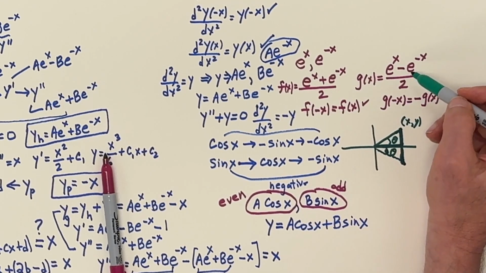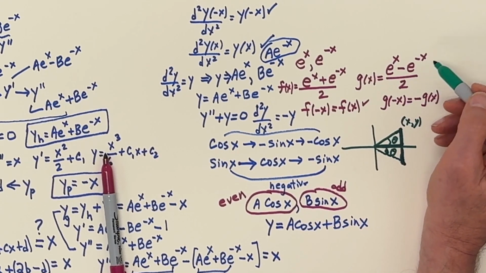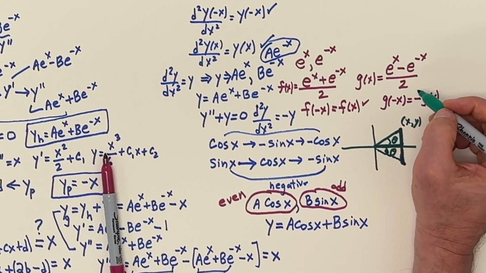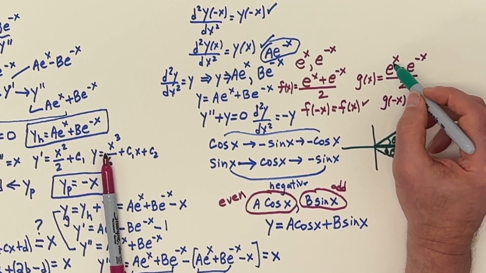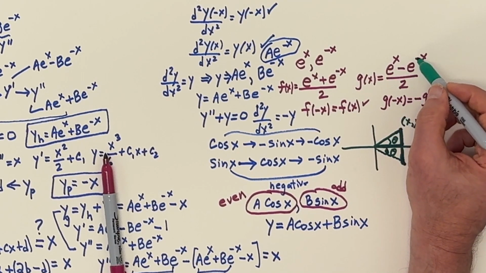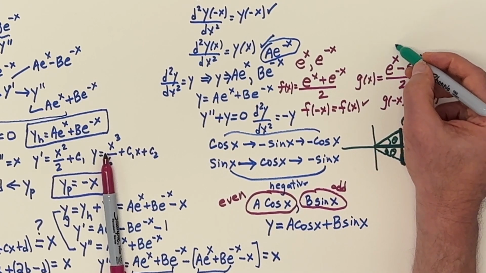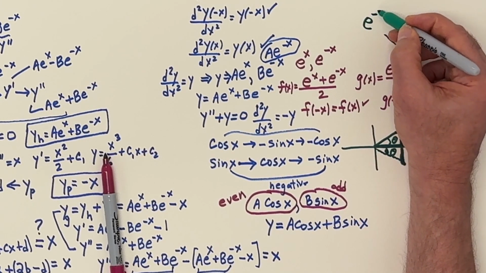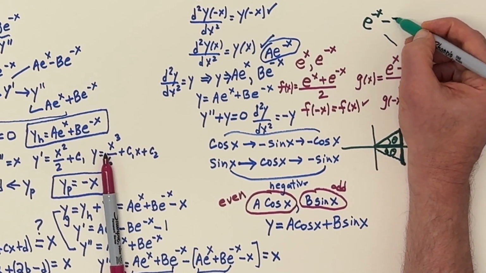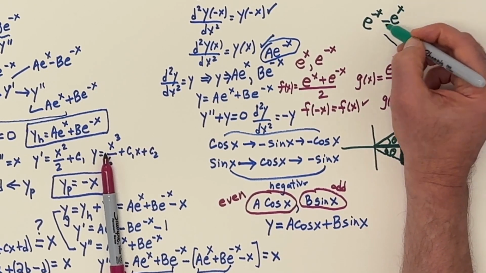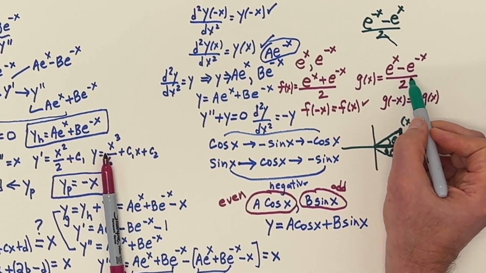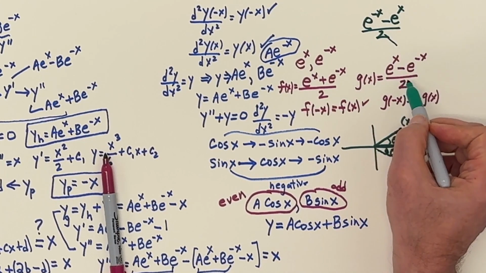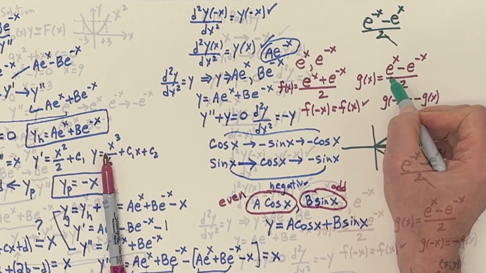here, if we want to look at this case to specifically see that it's negative, that it's an odd function, you put the minus x here and this becomes a plus x, and then you see, if you do that, you had e to the minus x and then minus e to the plus x over 2. You have negative of what you started with. To get this from here, you have to hit it with a minus sign.